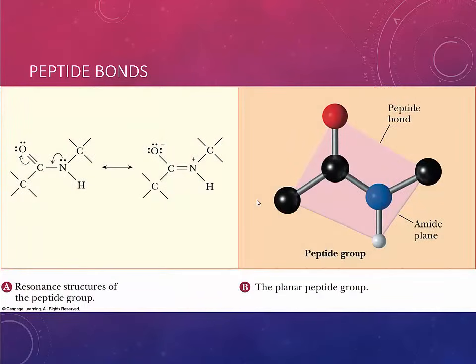The lone pair of electrons on the nitrogen can form a double bond with carbon, and this displaces those electrons on the carbon-oxygen system to become an additional pair of electrons on the oxygen. This gives us a zwitterionic style system and is also a resonance system. So the carbon-nitrogen bond is a partial double bond, as is the carbon-oxygen bond.